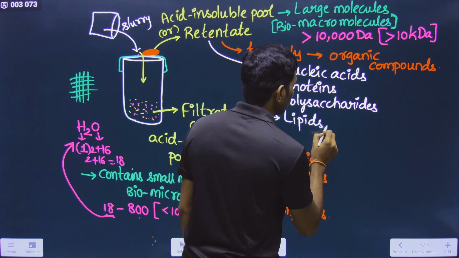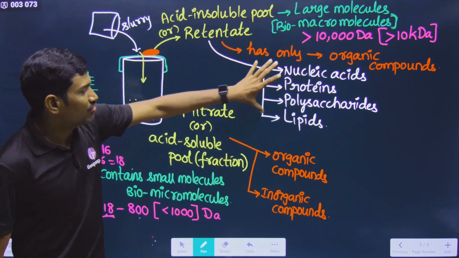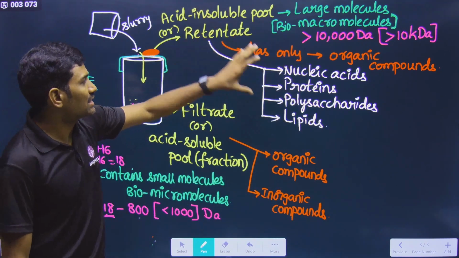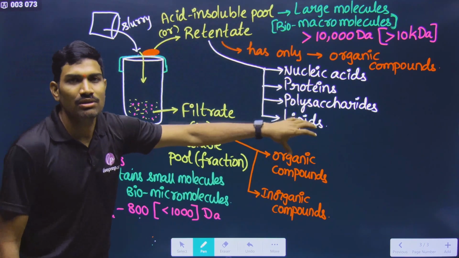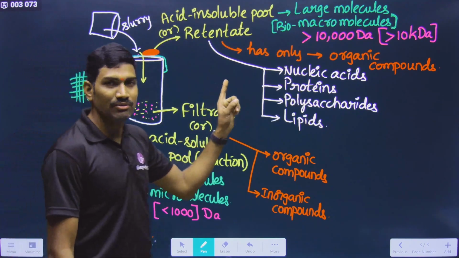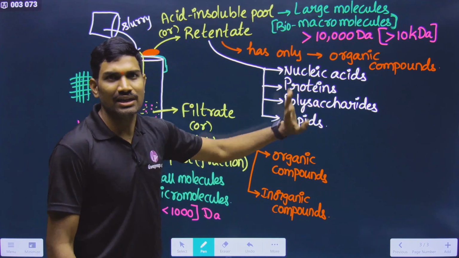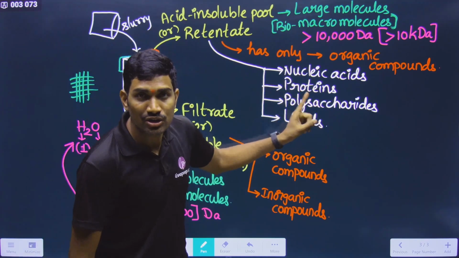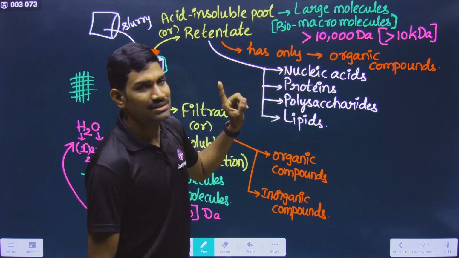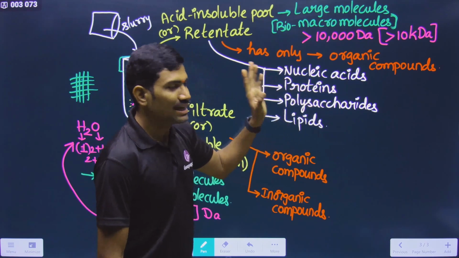Please observe carefully. I will repeat once again: 4 types of organic compounds are present. All are organic compounds only, inorganic compounds are not present. And what are these 4 organic compounds? Nucleic acids, proteins, polysaccharides, and lipids.